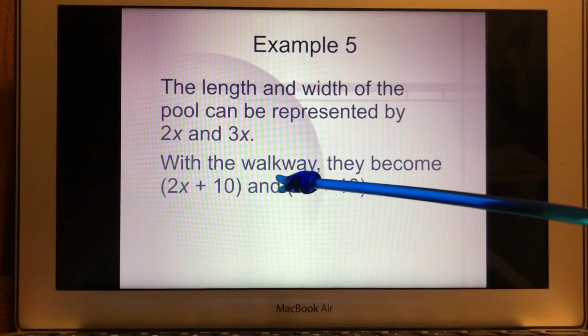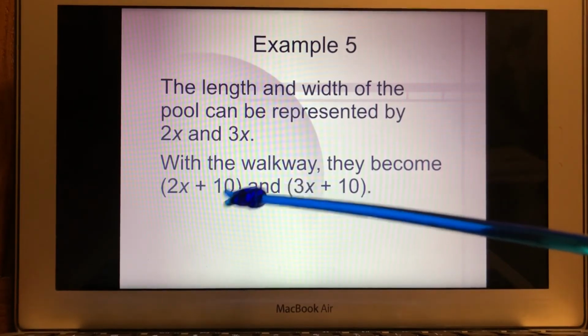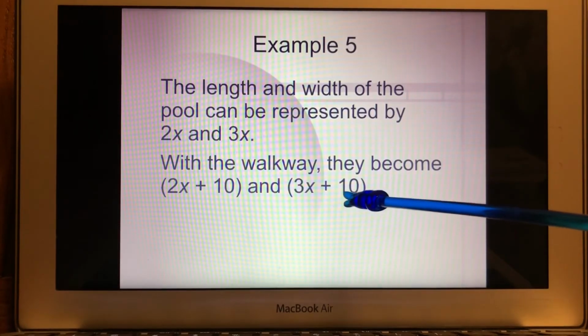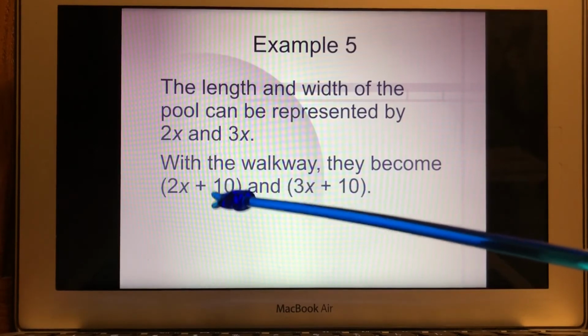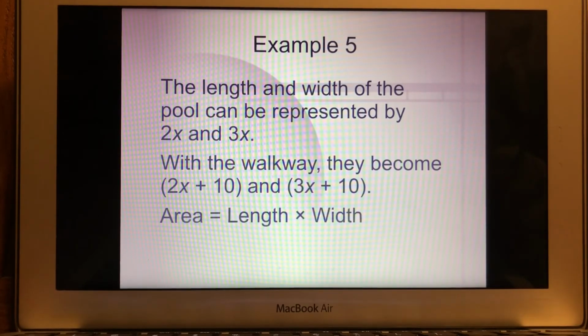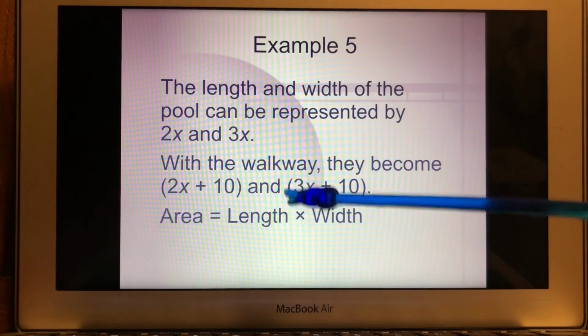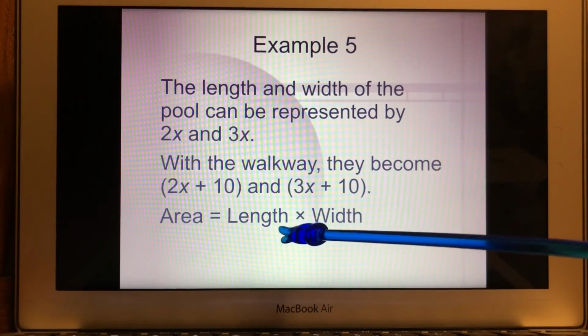With the walkway, they become 2x plus 10 and 3x plus 10. So plus 10 would be the walkway, the additional space added to the length and the width. Now we want to find the area of this entire region, the pool plus the walkway. So how do we do that?